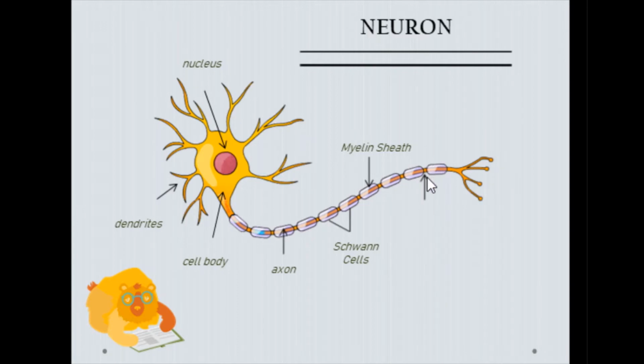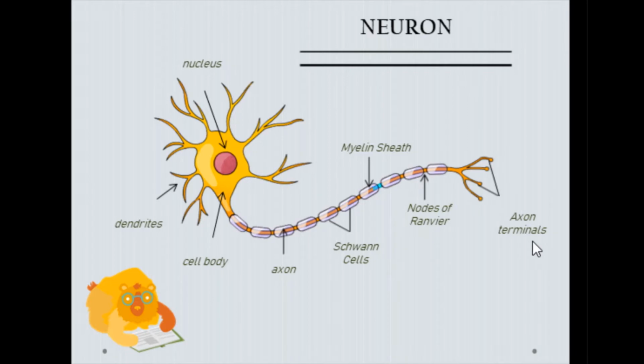The gaps between the Schwann cells are what we call the nodes of Ranvier. Okay, down to the last part. What is this? It's the axon terminals.